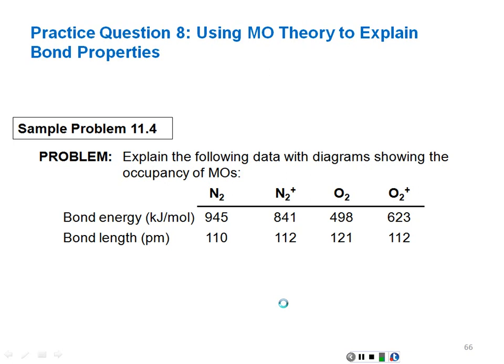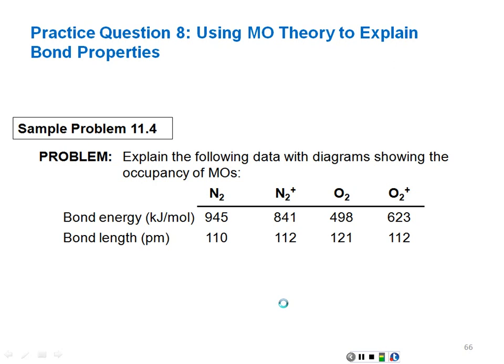So let's try another practice question. Use molecular orbital theory to explain bond properties. And this is sample problem 11.4 in your book. So explain the following data with diagrams showing the occupancy of the molecular orbitals.